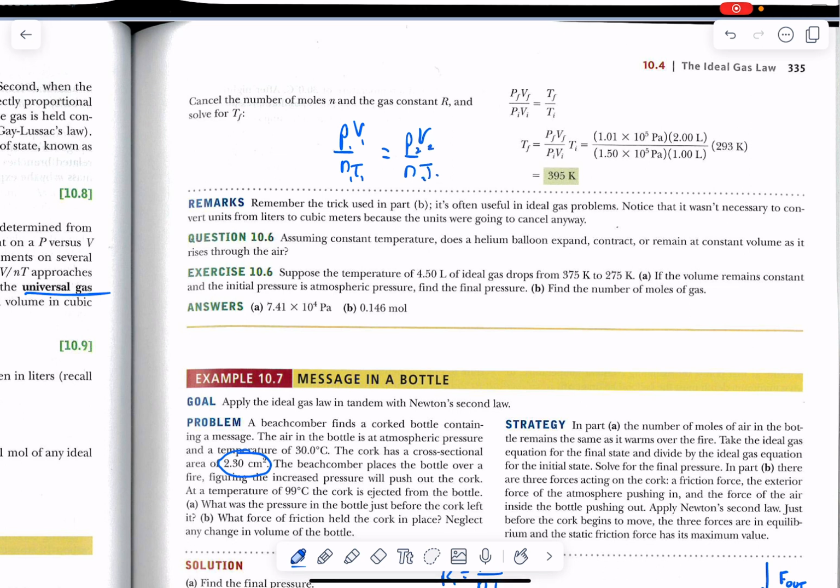The amount of gas doesn't change, like normal, and I'm going to solve this for my final temperature, and this is just a pretty straightforward algebra problem, 395 Kelvin.